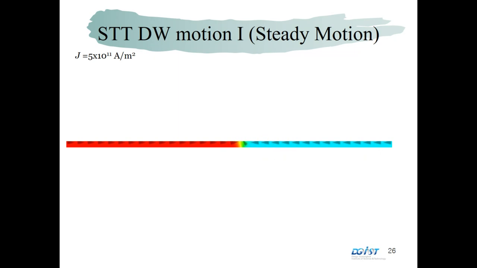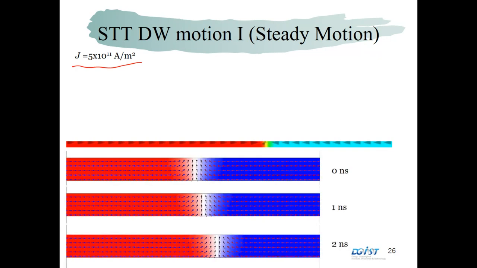I apply this amount of current, and this is the snapshot at 0 nanosec, 1 nanosec, and 2 nanosec. The domain wall has some displacement, and the domain wall structure itself is very stable. They are not changing shape. So this corresponds to the steady motion of the domain wall.